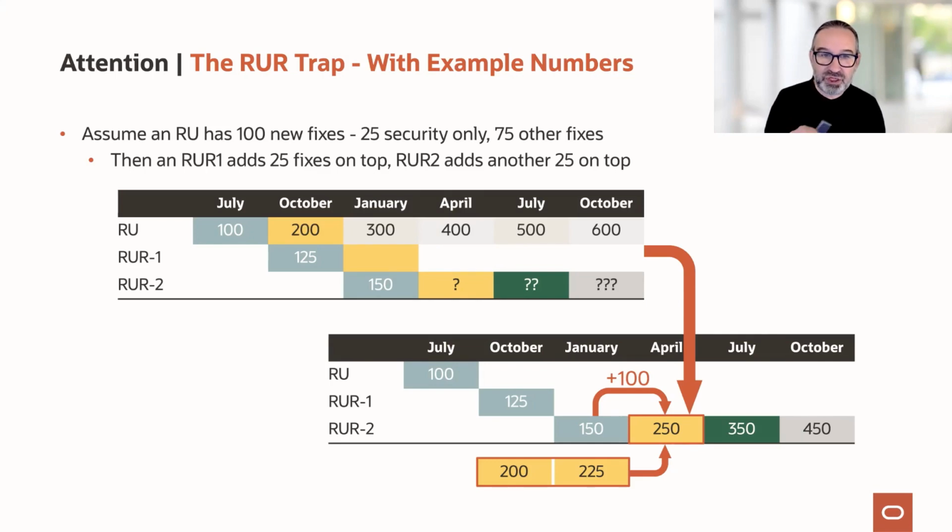So if I do this jump now from January to April on the revision track, that means I consume also now October and the January RUR. So I jump from 150 to 250. But these extra 100 fixes I get here are several months old. And at the same time in April, when you go now to the upper picture, I would have 400 fixes in my environment, whereas I stay only with 250.